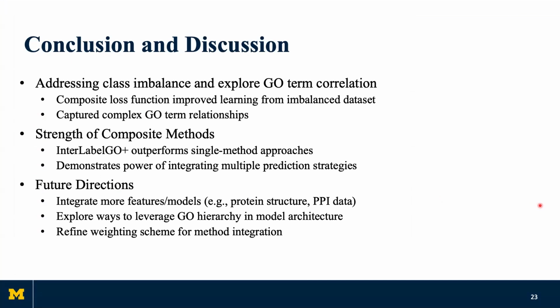So future work will be to incorporate the hierarchical structure into the loss function or the model architecture. It also shows the strength of a composite method, which means we might add more features, like predictions from protein-protein interaction.